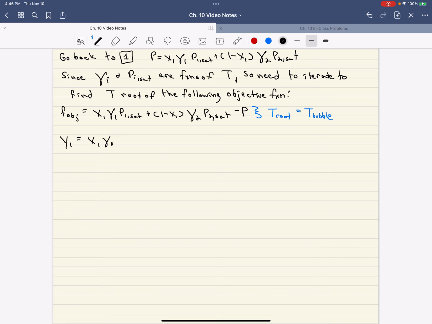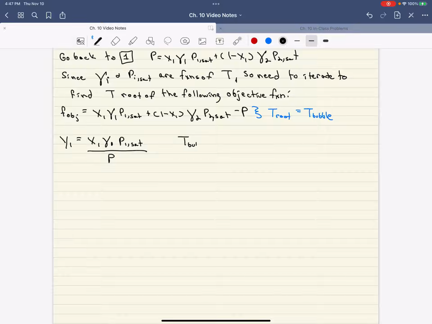If you rearrange your modified Raoult's law, you would get this. And once you have the bubble point temperature, you could plug that back into gamma 1 and P1 sat to find y1.